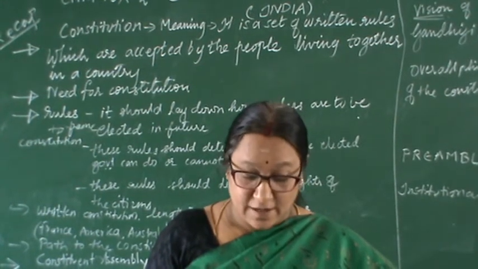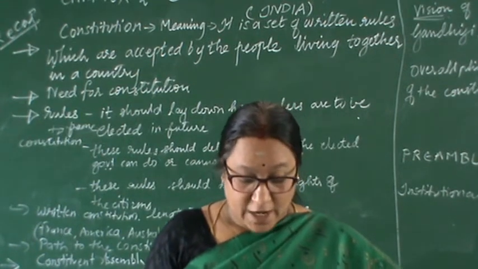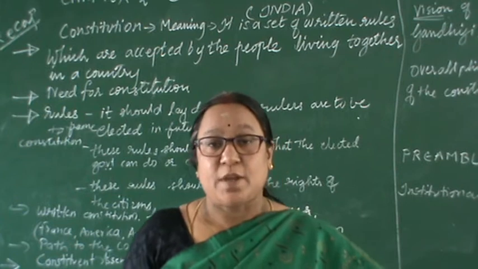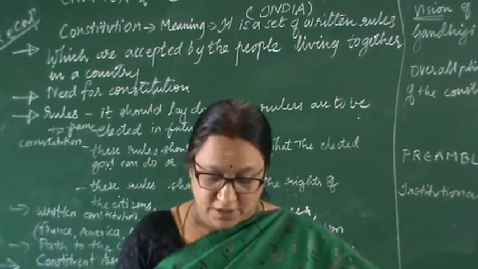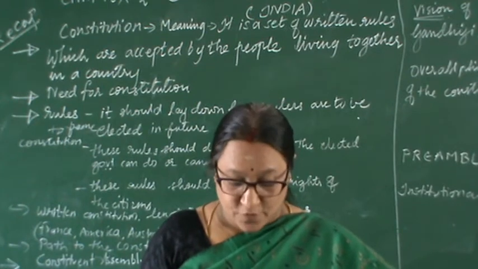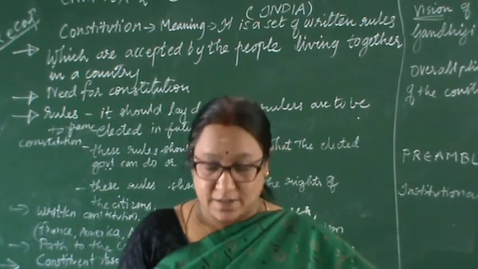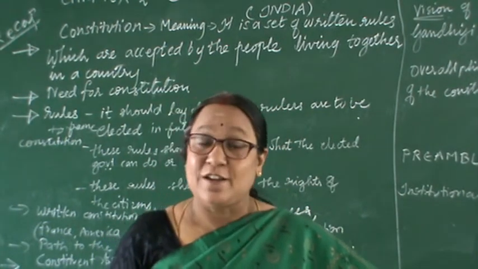Equality of status and of opportunity. To promote among them all fraternity, assuring the dignity of the individual and the unity and integrity of the nation. In our Constituent Assembly, this 26th day of November 1949, do hereby adopt, enact and give to ourselves this Constitution.